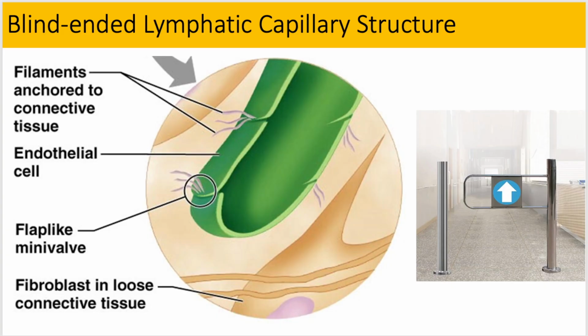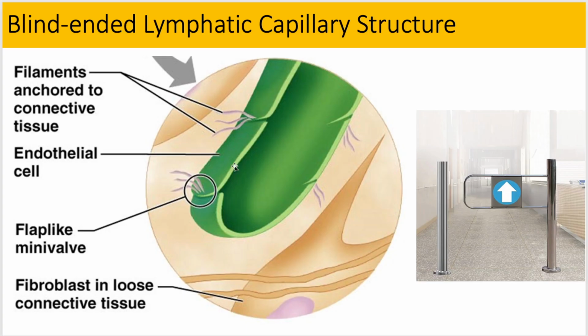They're actually made of endothelial cells, and they overlap each other. So what that does is it creates many valves that open and close depending on the conditions. So you can see those little filaments here. That's actually what anchors them to the connective tissue. They're made of collagen, and that helps hold them in place.